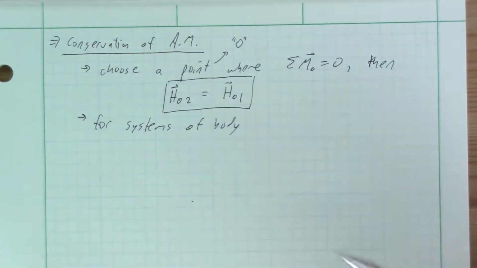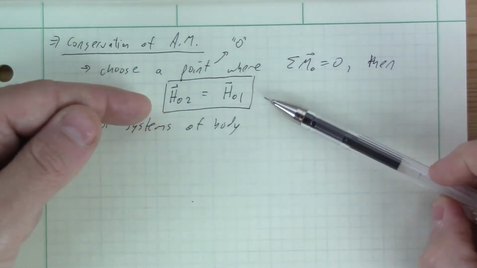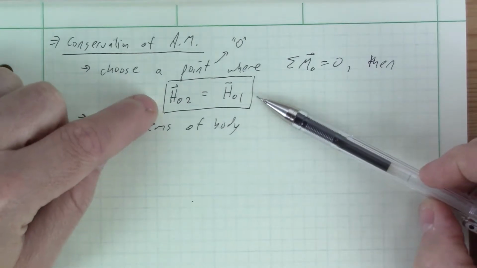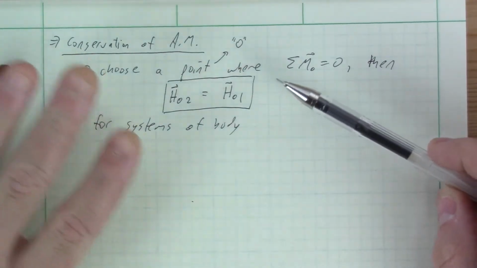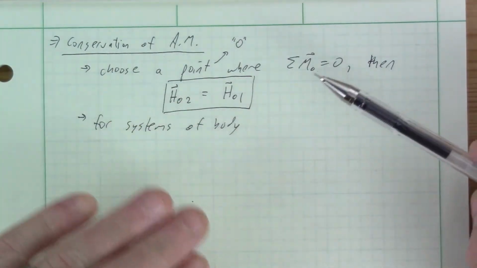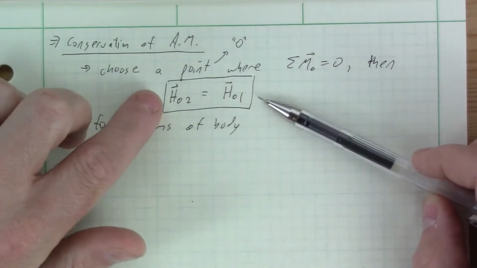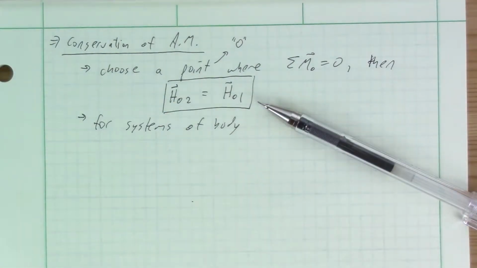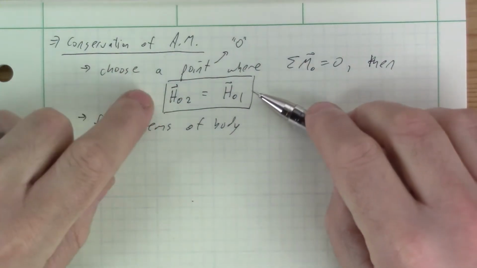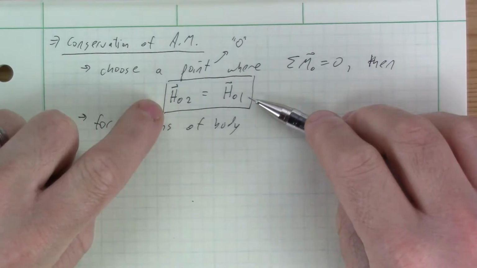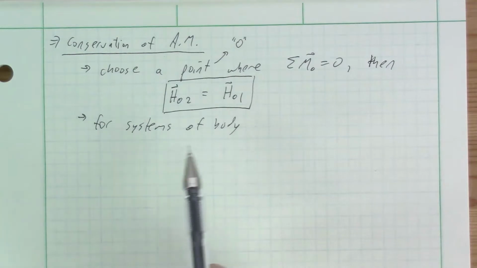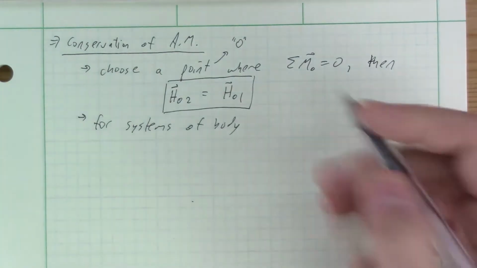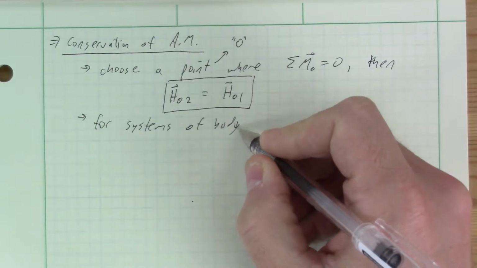This is also useful for a single body more than linear momentum is, in that there are times when a lot of forces are involved, but there are many points where those forces don't contribute a moment. If that's the case, we will see an application of this to single particles alone, before and after a collision. They don't always come as systems of bodies. We'll see that in the examples as we go along.